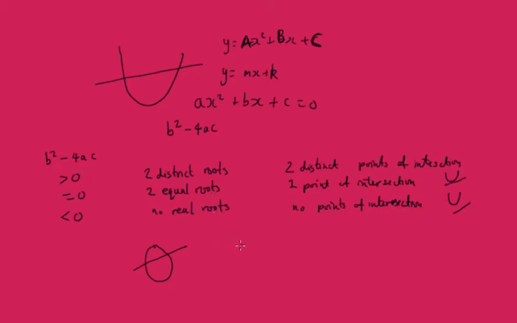So you could have that situation, or you could have where the line is tangential to the circle, or we could have the situation where we've got our circle and the line doesn't touch it at all.